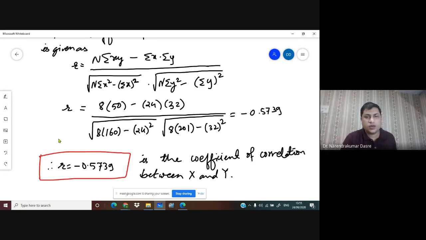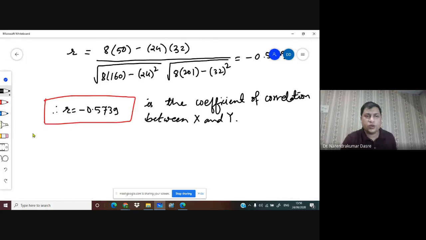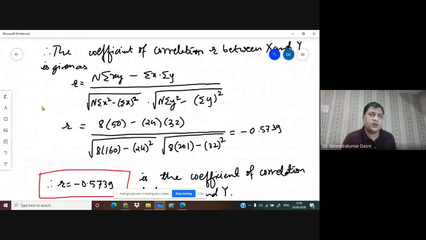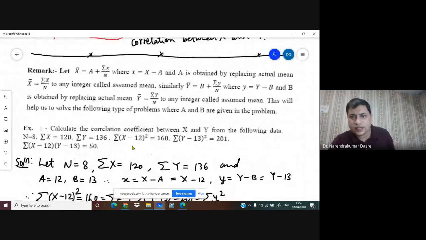So this is how you are able to get the answer. The only thing that we need to understand is the assumed mean. If you have understanding of assumed mean, that's why this remark plays an important role to solve this kind of problems.